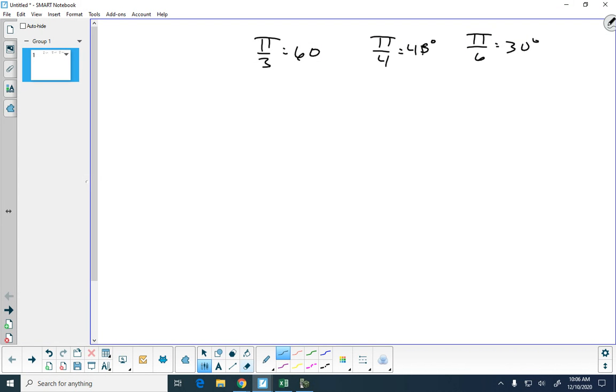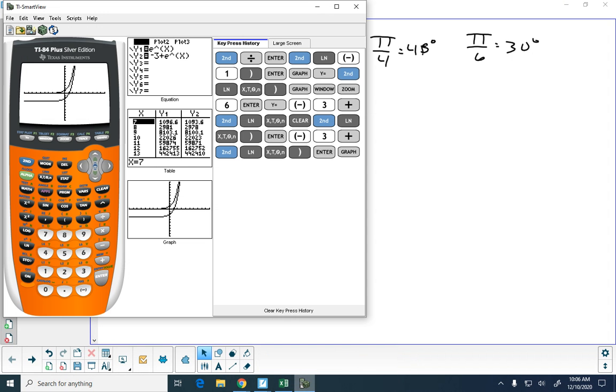Where if my solution came down in problem number 2, I go through my calculator, the inverse cosine of negative 1/2.